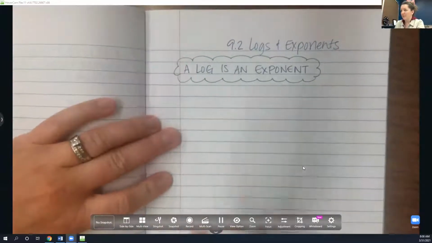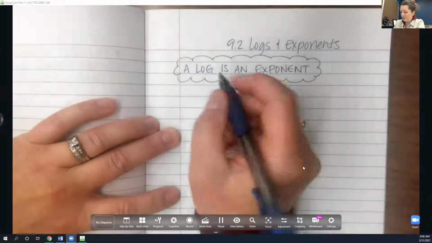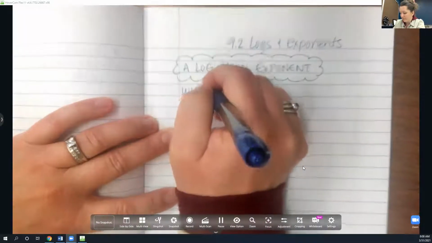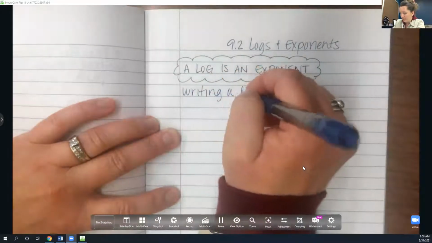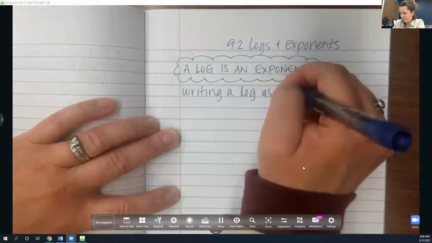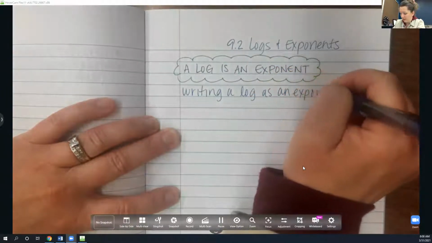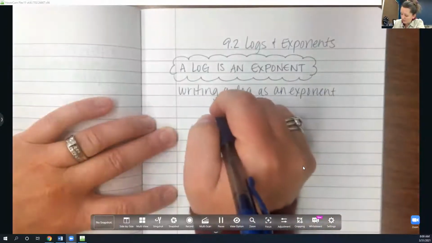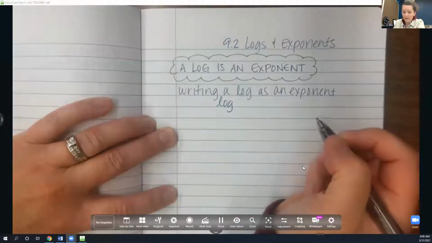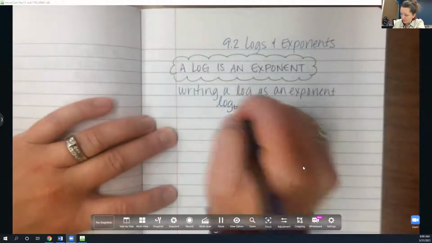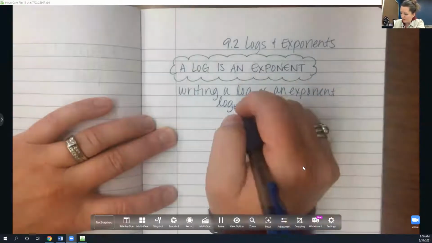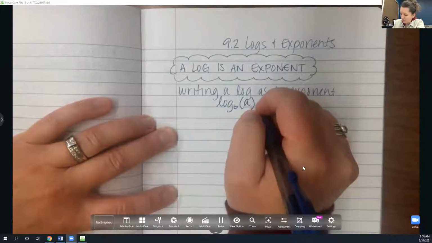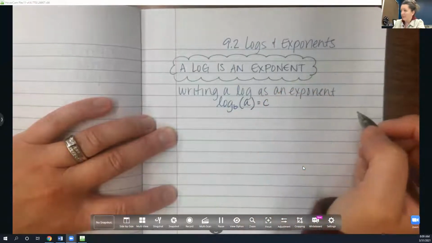All right, so let's talk about this one thing. This is going to be super important. Writing a log as an exponent. And here's what it looks like, okay? Because when we talked about our functions, we said the way that you say it is log with base, right? This is your argument here, A, and this is your exponent.